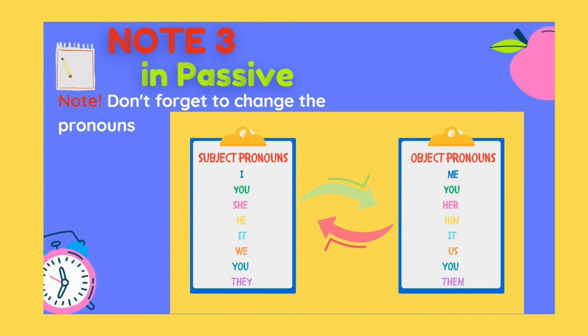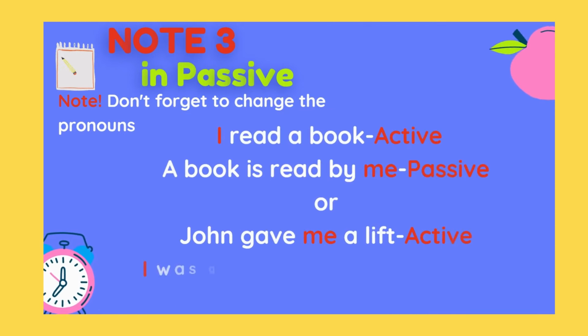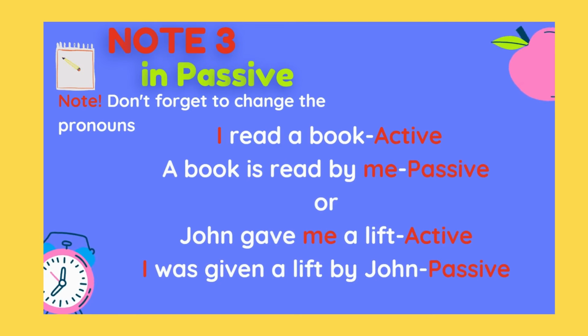Object pronouns: me, you, her, him, it, us, you, them. For example, I read a book, active. A book is read by me, passive. Or, John gave me a lift, active. I was given a lift by John, passive.